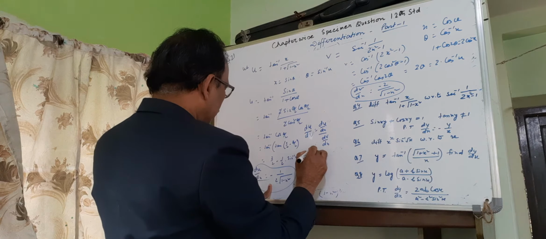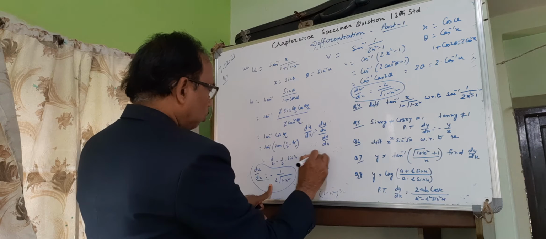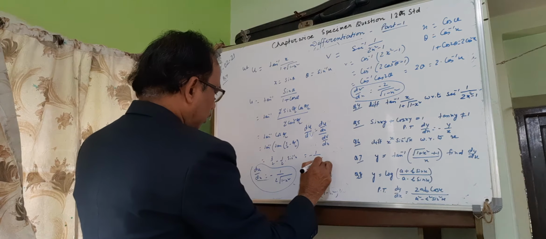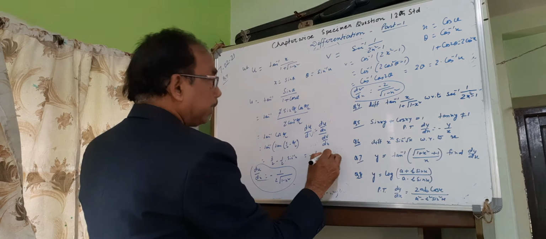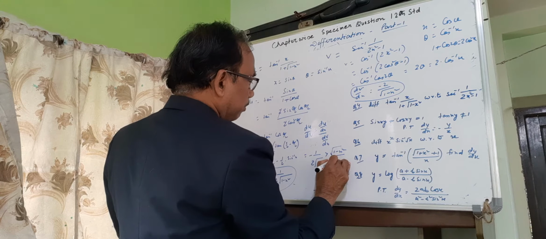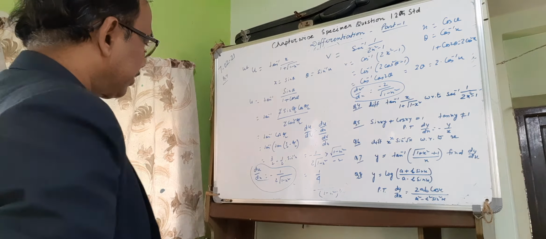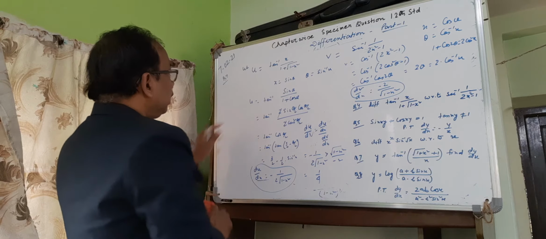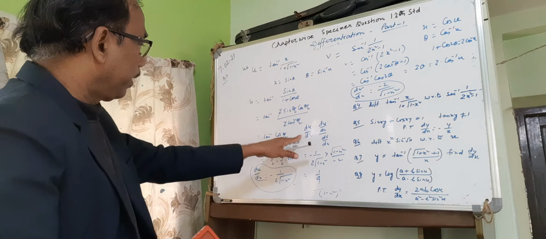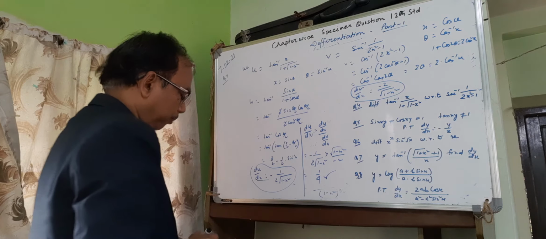That is du by dx value is this, that is minus 1 by 2 root over 1 minus x square, into root over 1 minus x square by minus 2, that goes off, that is 1 by 4 is the final answer. That is du by dv. Differentiate u with respect to v, that is du by dv value is the answer. du by dv value is 1 by 4.